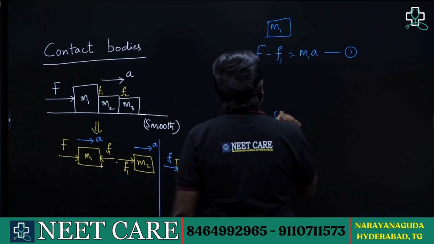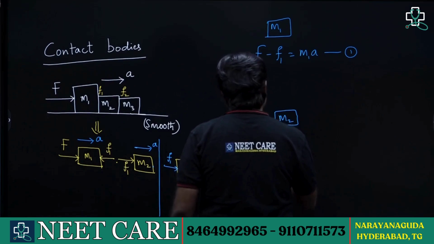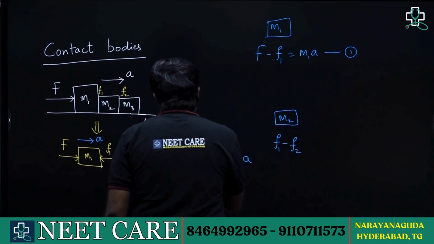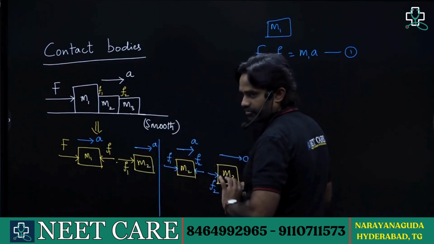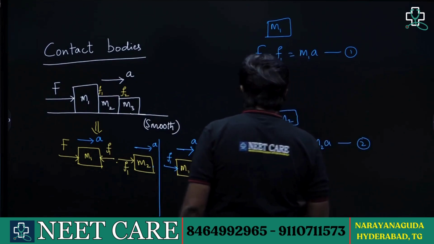And if you take the motion of M2, M2 is experiencing F1 and F2, then the net force will be F1 minus F2 because it is accelerating towards F1. So F1 must be greater than F2, otherwise M2 can't move. So F1 minus F2 is equal to M2A. This is the second equation.